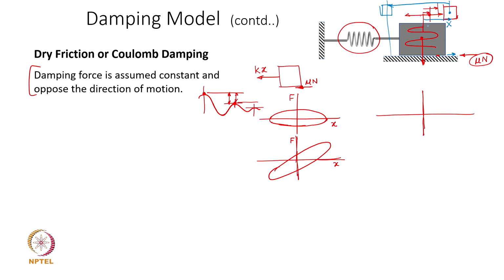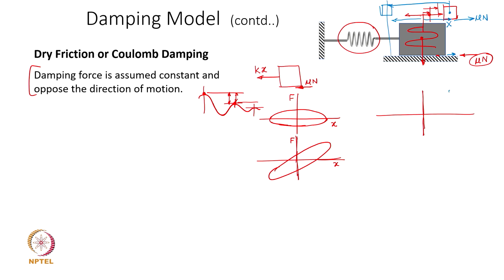As the mass slides from the right side to the left side, the friction force is going to oppose the motion, and therefore, mu N is going to act in this direction.